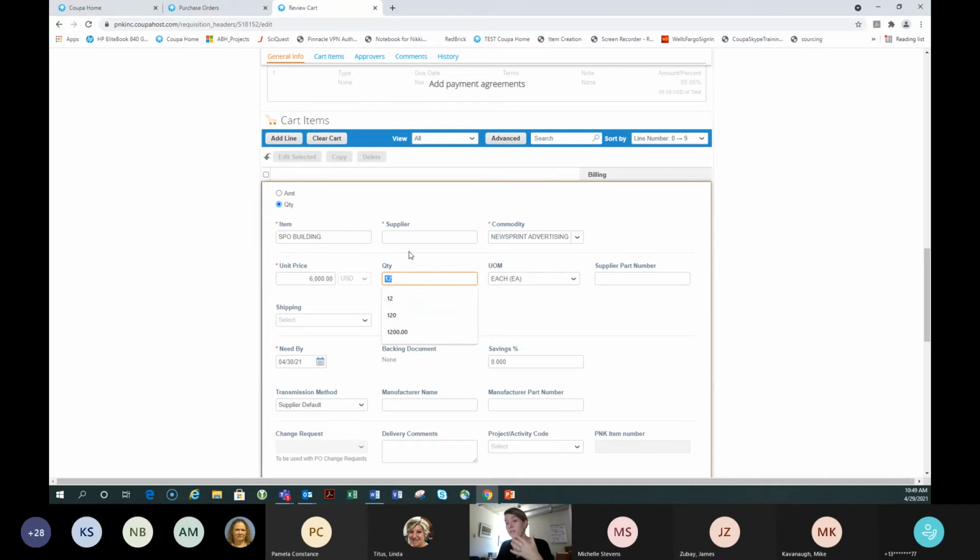So if the invoice is submitted, one each for $500 every week, to get me to that monthly amount that I think I'm going to spend, I'm going to use this quantity up a lot faster than I'm going to use the dollar up. And Coupa always looks at the quantity first.